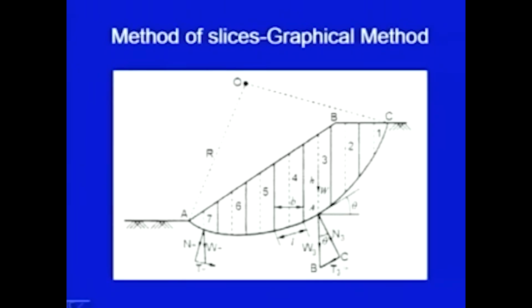So, this angle will be 90, draw a line at 90 degrees and get the intersection point C. So, you will be getting N3, T3 and this angle will be, let us say, theta. So, you can get the N component, you can get the T component. Same thing is here, join it with the center, extend it, but the direction of T now in this case is opposite. And this W7 represents the weight of this slice.